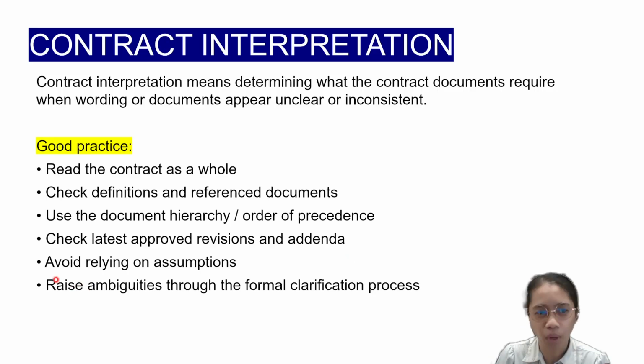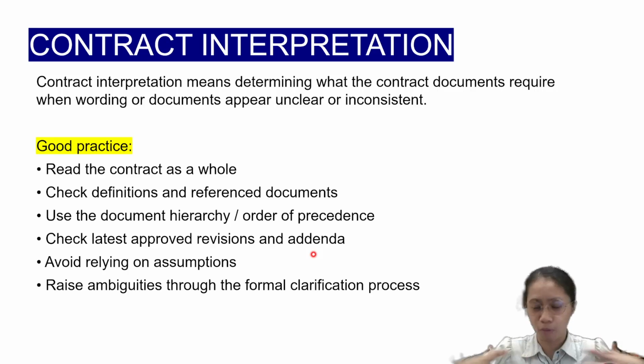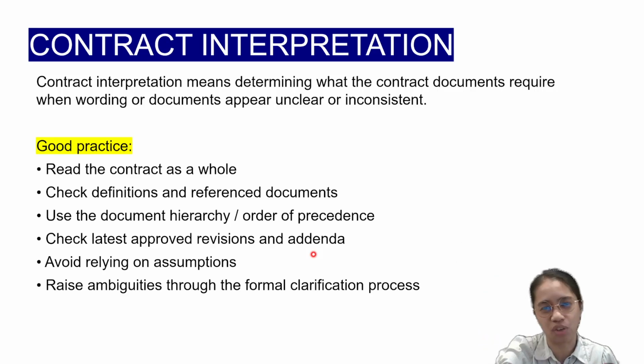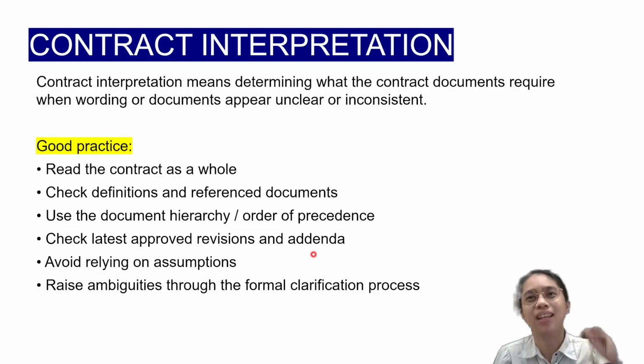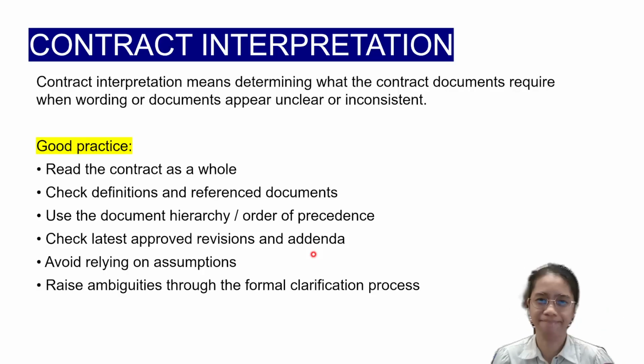This is also important. Avoid relying on assumptions. If you will be assuming something for yourself to the client, to the other party, or you assume this is the interpretation of the client, that is wrong. Don't assume. Make sure that everything is written well.